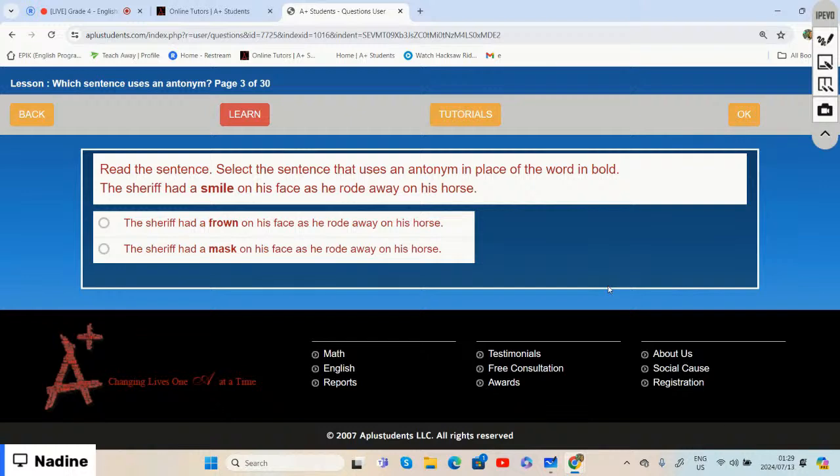The opposite of smile. All right. So yes, if you are not smiling, then you are frowning. Because that is the opposite of smiling.